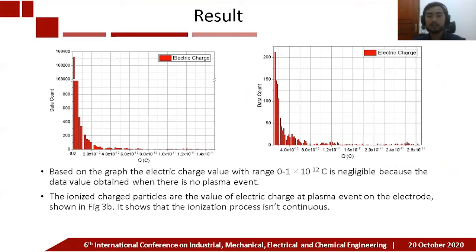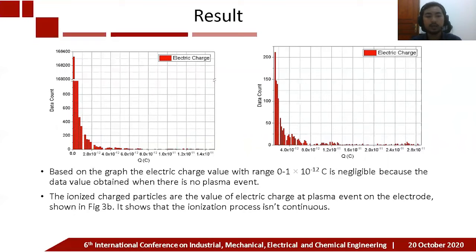And this is the result of the electric charge, which we show with a histogram graph. Based on the graph, the electric charge value in the range 0 to 1 multiplied by 10 to the minus 12 column is negligible because the data value was obtained when there is no plasma event.